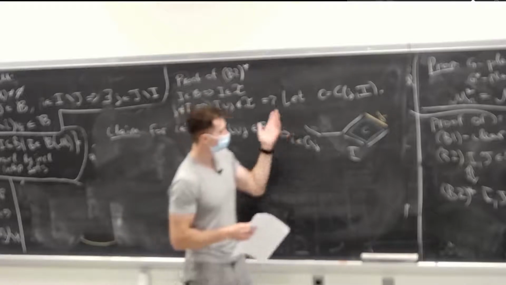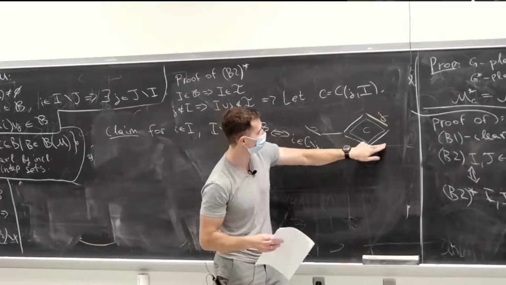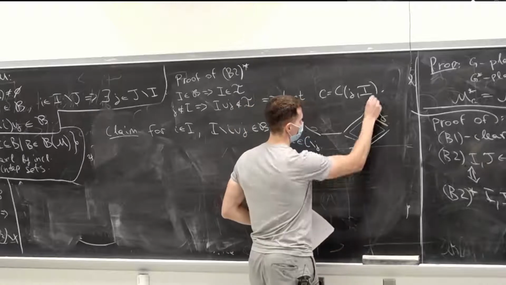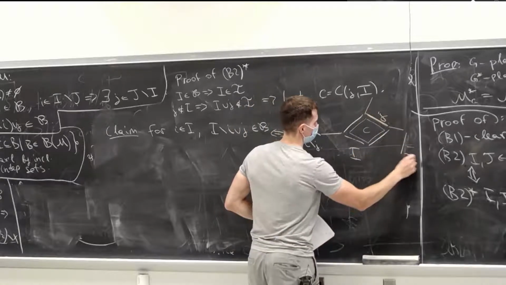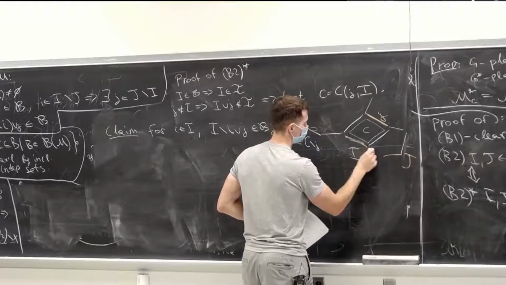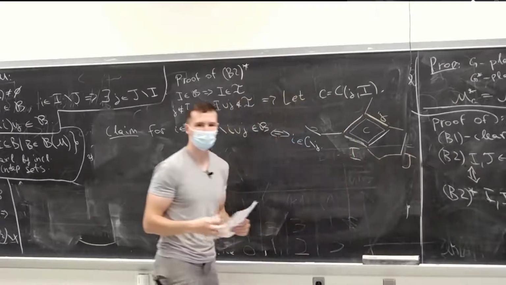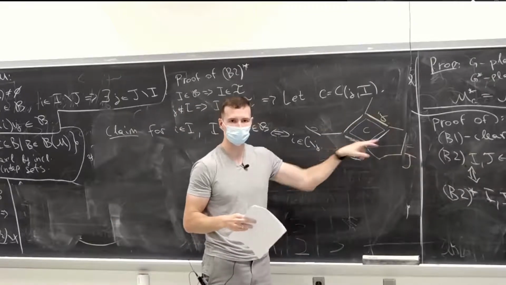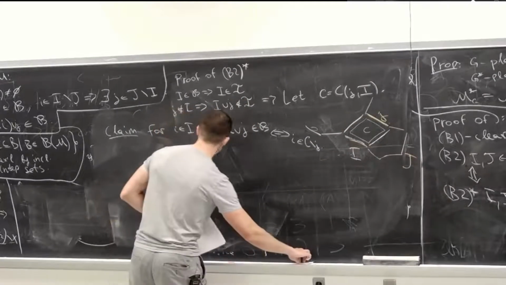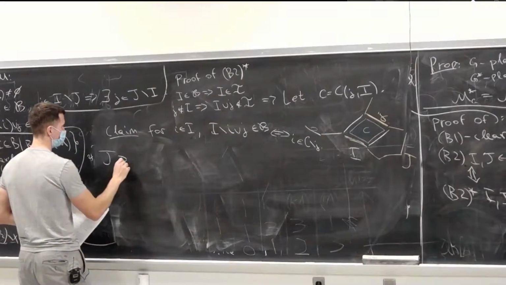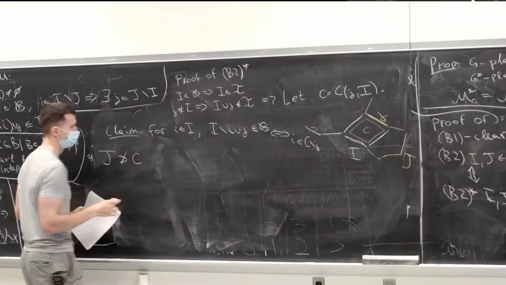And now the game is to find an element inside that circuit which is not contained in capital J. Capital J could be some other thing, maybe contains other edges here. But what I should prove is that it can't contain all of these edges of C. J cannot contain C. And why is that?